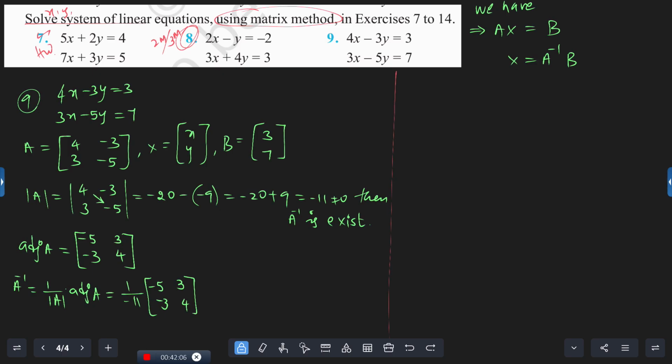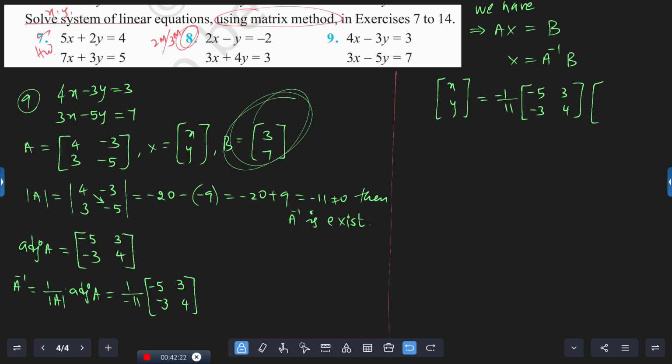Be careful. And the x, y value is equal to A inverse, we have 1 divided by minus 11, the minus we will give in the numerator, and minus 5, minus 3, 3, 4, and B here we have 3, 7. Now you can check the order if you want. Children, listen.